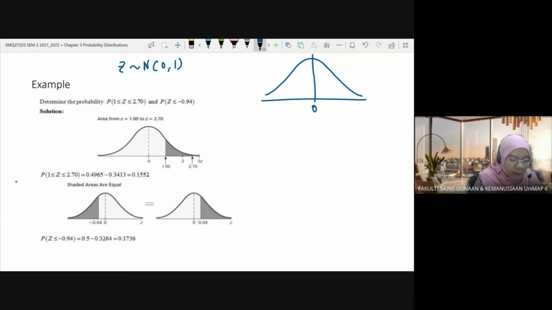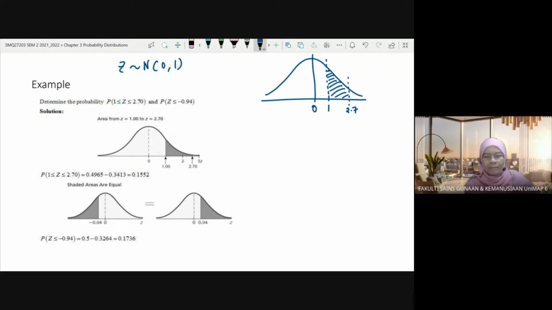Since I know that 0 is here, 1 is somewhere over here and 2.7 is much bigger. So let's say this is 2.7. So the shaded area that you need to find will be this shaded area.